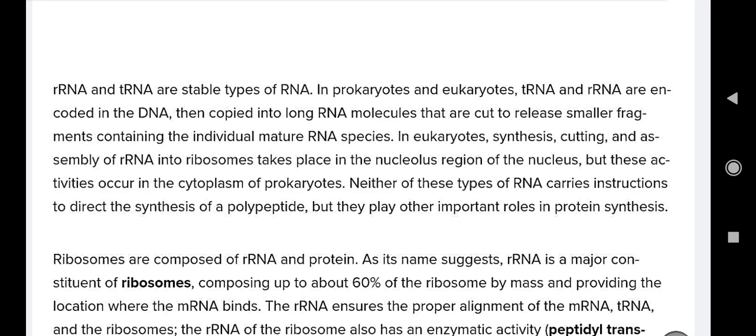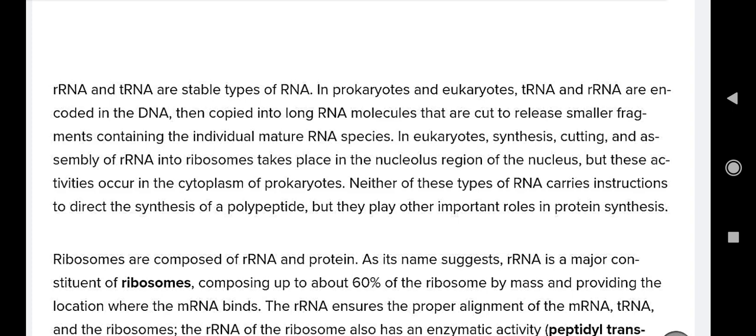Now in eukaryotes, cutting and assembly of rRNA into ribosomes takes place in the nucleolus region of the nucleus, but these activities occur in the cytoplasm of prokaryotes. Neither of these types of RNA carries instructions to direct the synthesis of polypeptide, but they play an important role in protein synthesis.